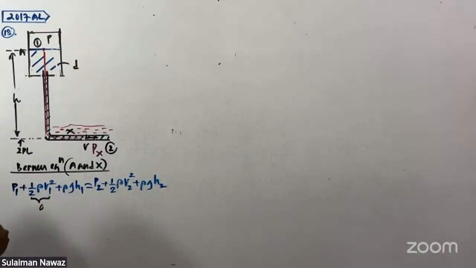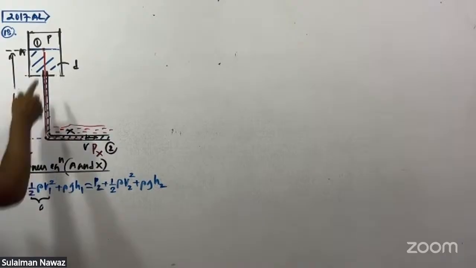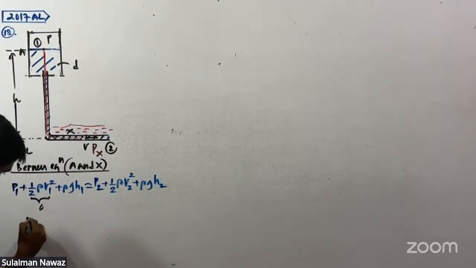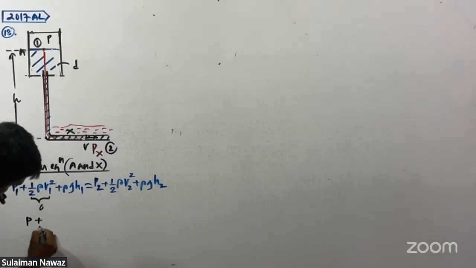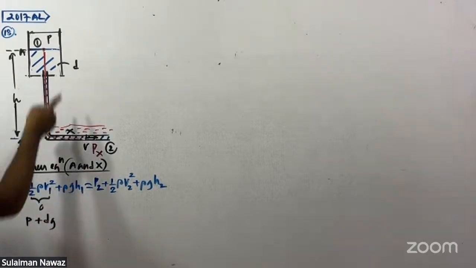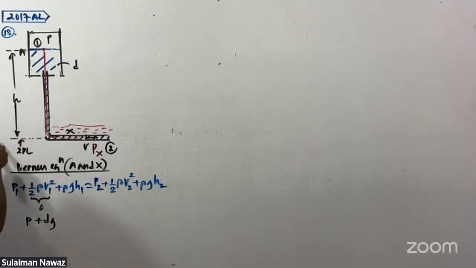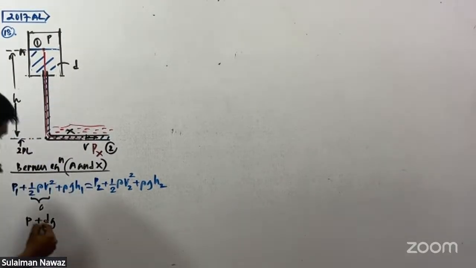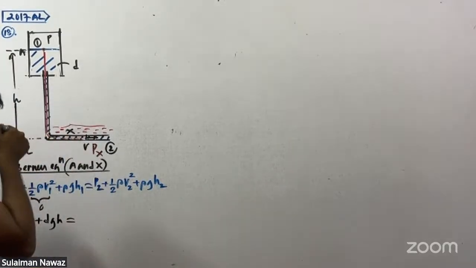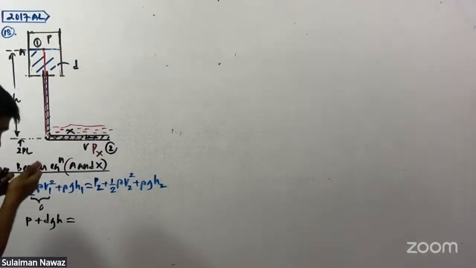And then P1, the pressure at point capital A, is equal to P. P1 is going to be equal to P plus density of the liquid, simple d, g, vertical height to point capital A from the zero potential level, simple H. So P plus dgh must be equal to P2, the pressure at point capital X. I marked it as Px.